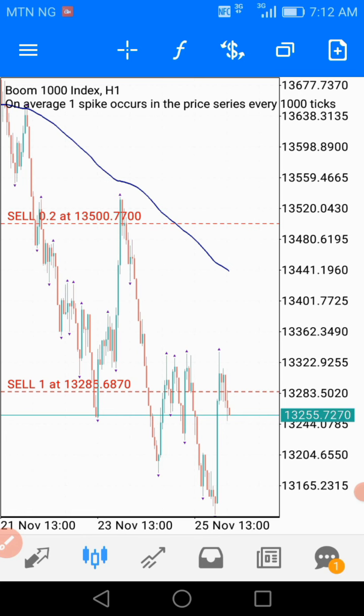Now, the default Fibonacci significant levels, let me just give you those levels. Of course, I'm going to give you the setting.